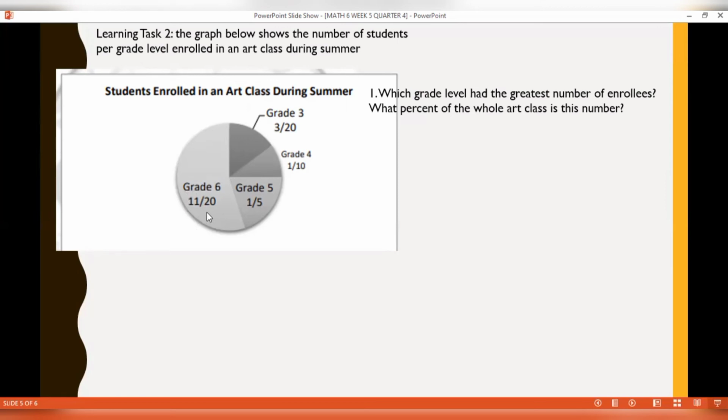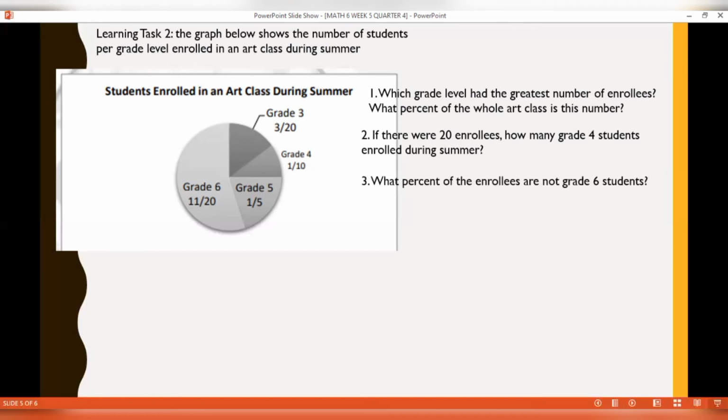And that is 11 divided by 20 times 100. So, ganun kadali lang. Question number 2, if there were 20 enrollees, how many grade 4 students enrolled during summer? Kung 20 daw lahat, pag pinagsama-sama yung nag-enroll, ilan daw yung grade 4? So that is simply 20 times 1/10.